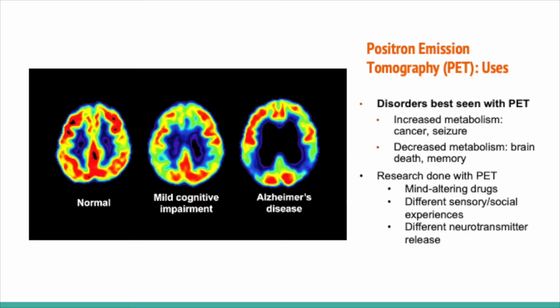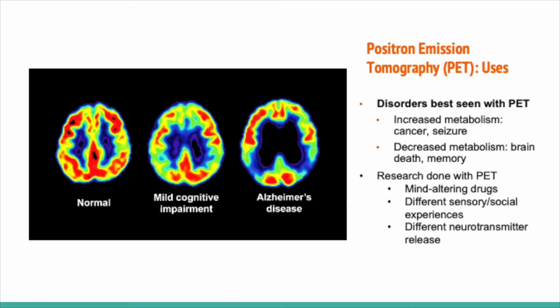So what are the uses of these PET scans? You can really see the best uses if you're looking for increased metabolism in the brain, either through cancer or a seizure, or decreased metabolism of the brain, either through brain death or memory loss.